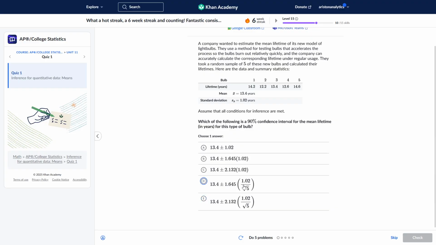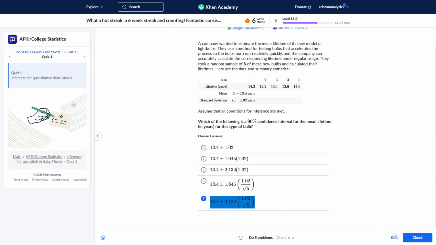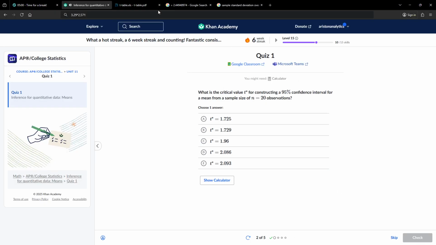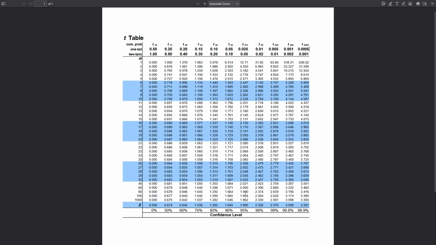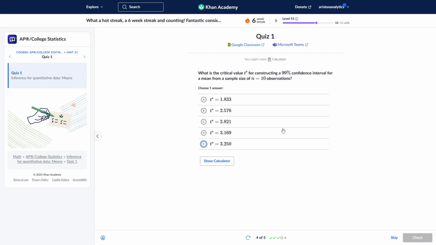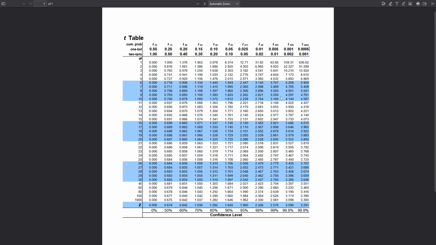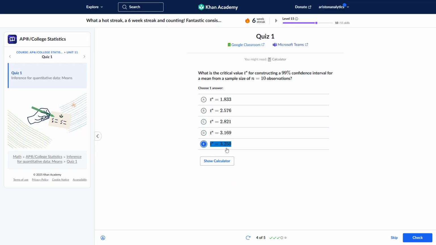It's one of these. 9%, 4, 2.32, 95, 20, 2.093. They both, 99 and 9. 0.25.